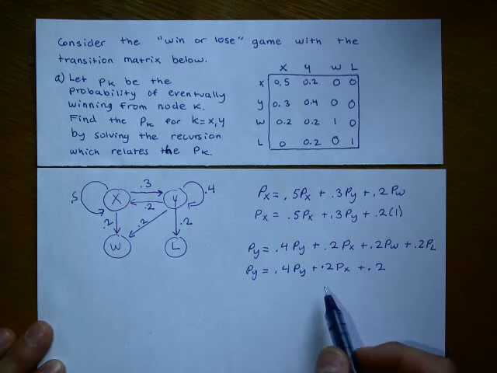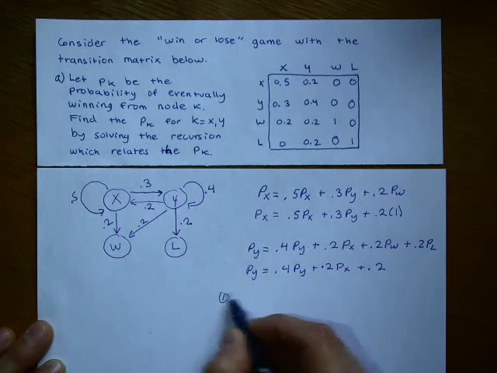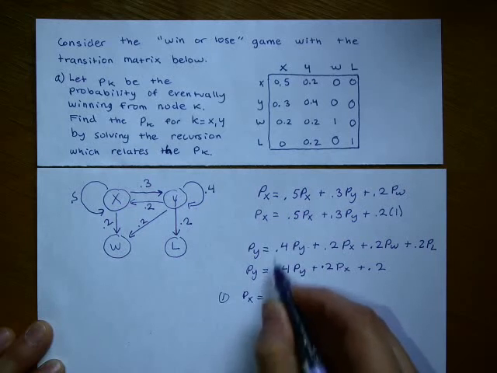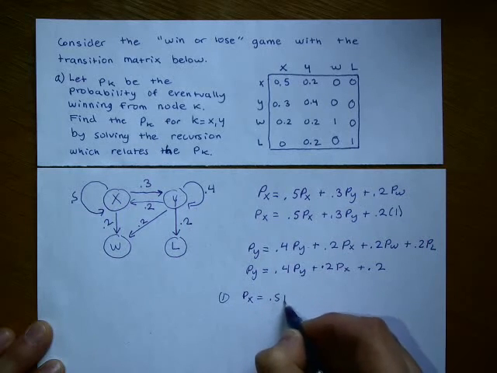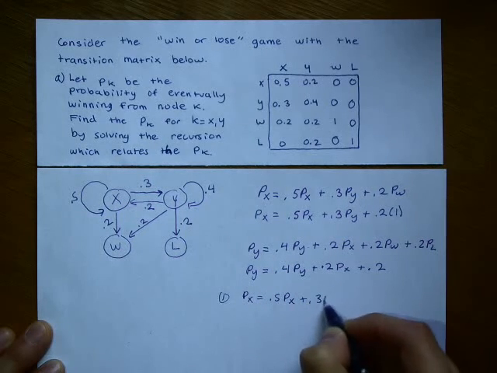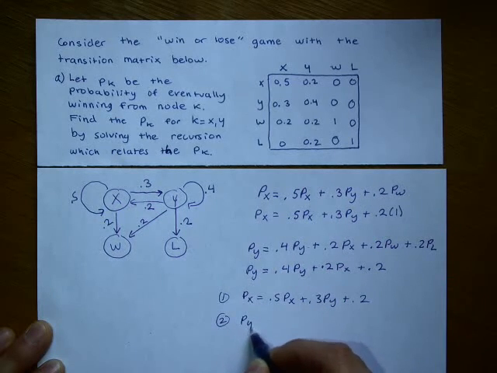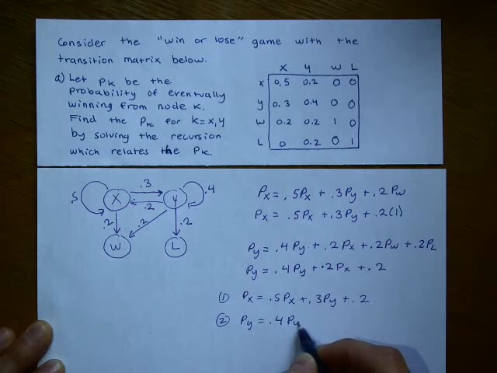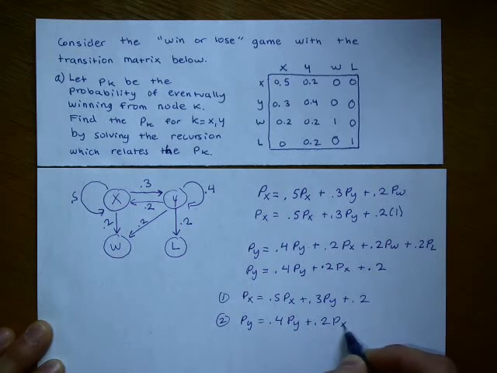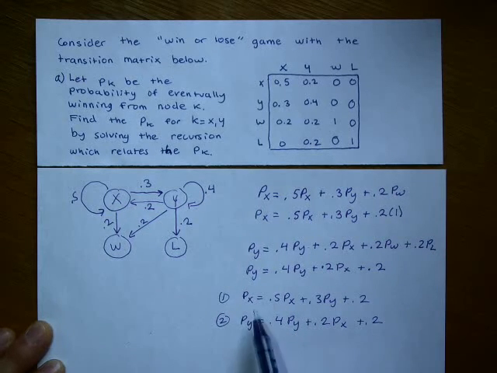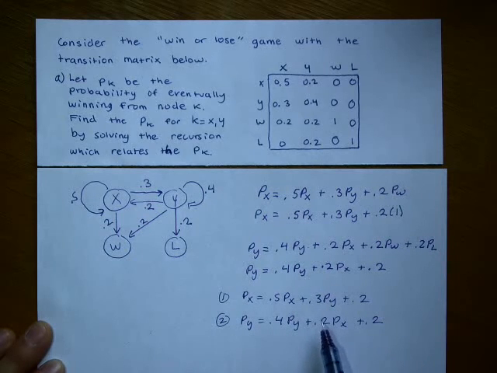So now we have 2 separate equations. We have our recursion equation for px. And we have a recursion equation for py. And if you notice, there are 2 equations and 2 unknowns. We have px and py.